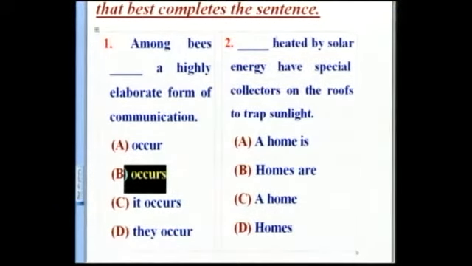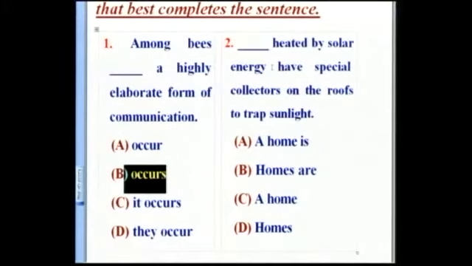طيب heated by solar energy have special collectors on the roofs to trap sunlight. طيب have is the verb, so I do not have a subject. I am looking for a subject. طيب a home is heated، لا ما ينفعش أقول is heated لأن the verb is have, so I only need a subject. طيب أقول homes are، that's the same, no verb is needed.